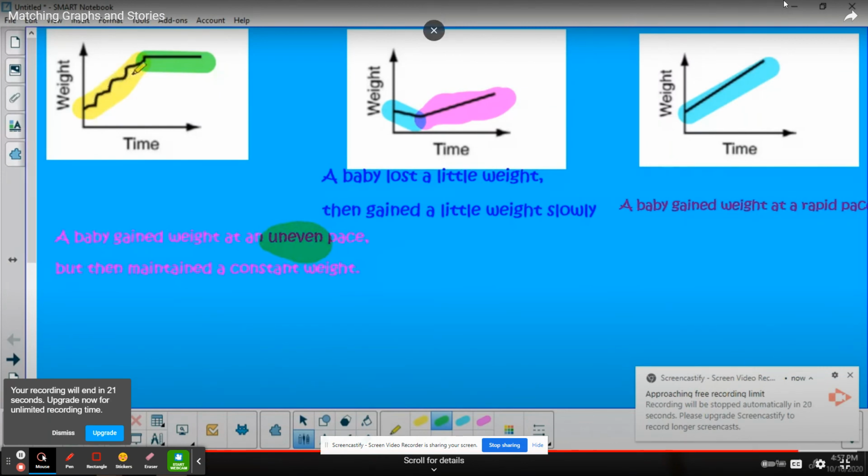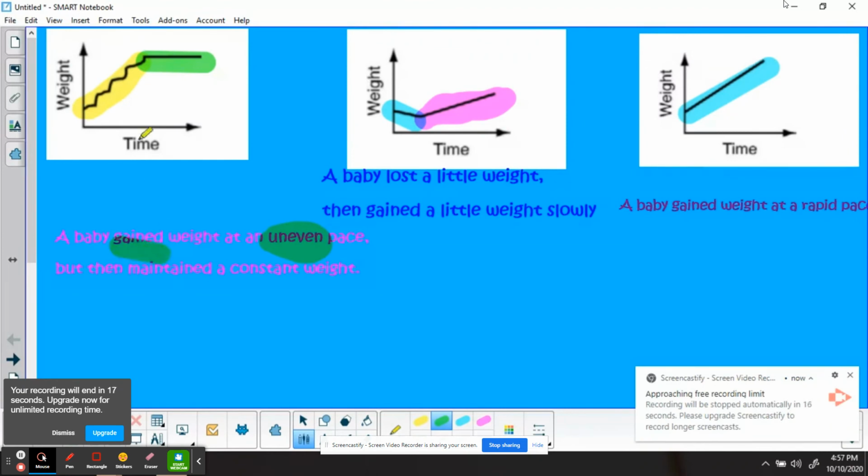Uneven matches to this jagged. Gain is a gain, so it's a positive, but it's not at an even rate. The second part says, but then maintained at a constant rate. That's what happens here. So just pay attention to the vocabulary and match the graphs.